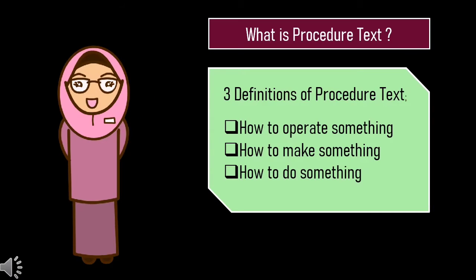Present tense is described about how to do something. In other words, we can say that how to operate something is related to the manual, how to make something is related to the recipe, and how to do something is related to tips and itinerary.